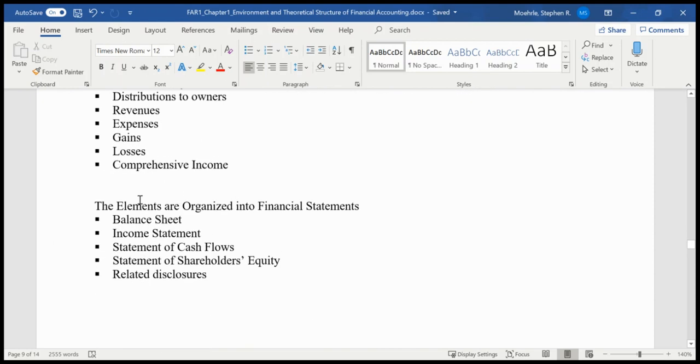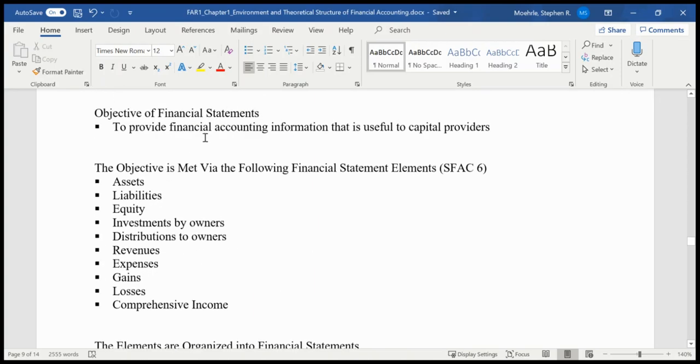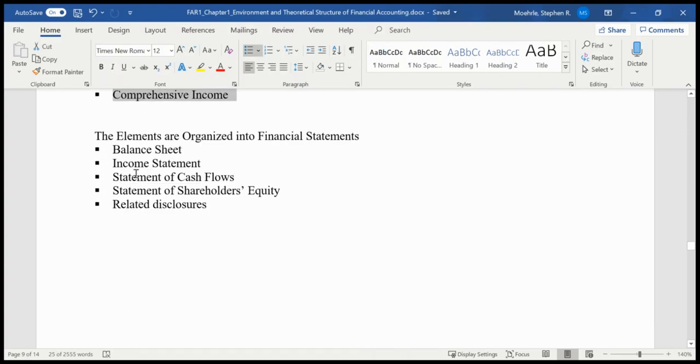These elements are organized into financial statements. So, when we're providing financial accounting information, we meet this objective by organizing the information into these categories and then summarizing them in these financial statements: the balance sheet, the income statement, the statement of cash flows, the statement of shareholders' equity, and then the related footnote disclosures and other aspects of the annual report.